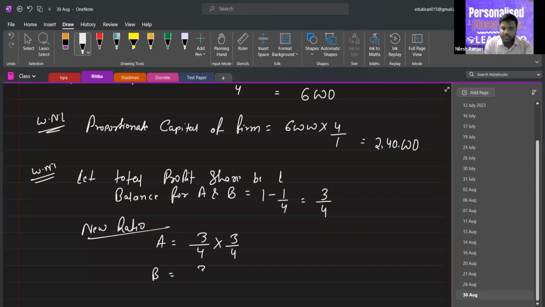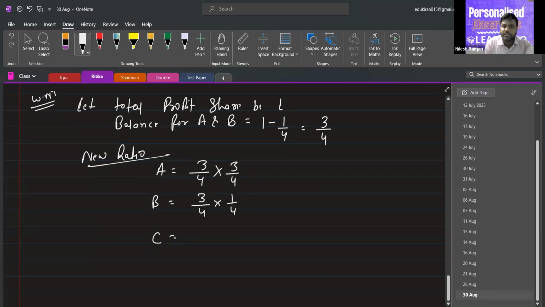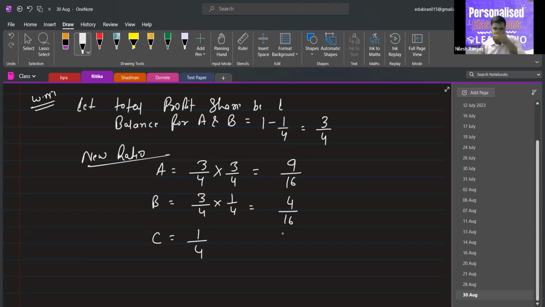For B, it is 3/4 into 1/4. And for C, it is only 1/4. So 9/16, 3/16, and 4/16, so the new ratio will be 9:3:4.